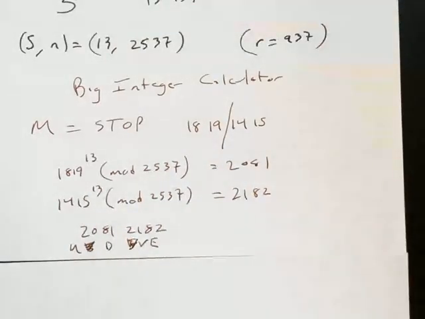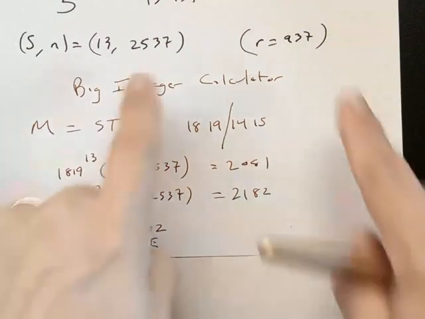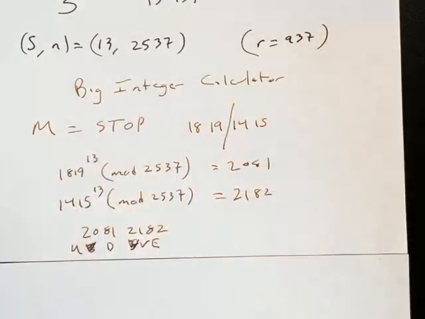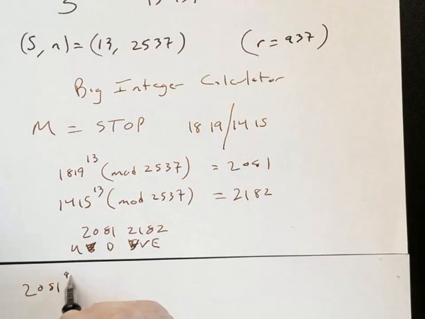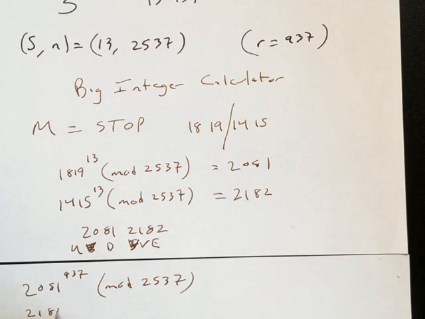So I take 2081, raise it to the 937th power, mod 2537. And I do the same thing with the other block, 2182 to the 937, mod 2537.